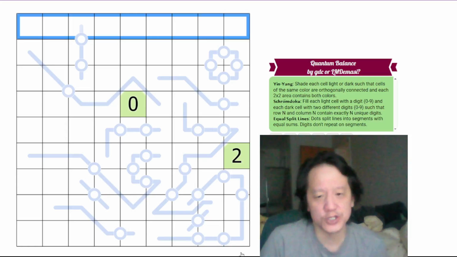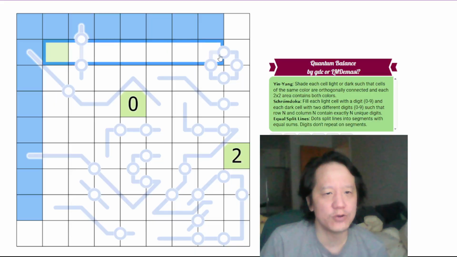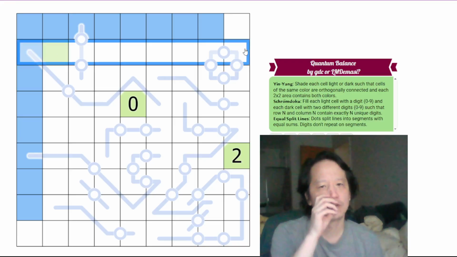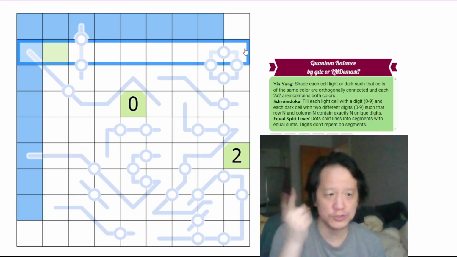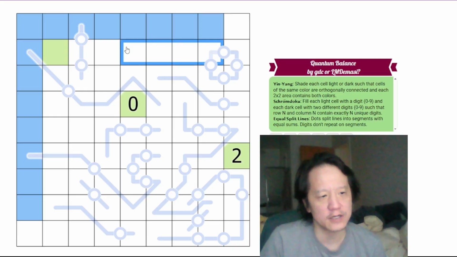Because the way that the shading works, if you had something shaded like this, and you had to have every digit included in row 2, from 0 through 9, then that would be a problem. But you don't. So these could all be the same digit, technically.